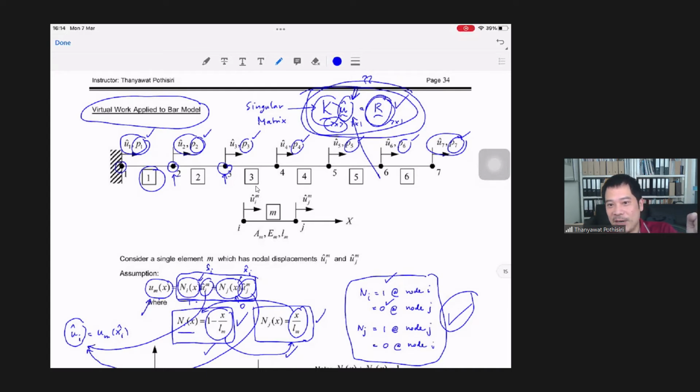So you allow the structure to move as a rigid body anywhere in space. That's why this matrix K would become singular if you do not put any constraint on your structure at all.